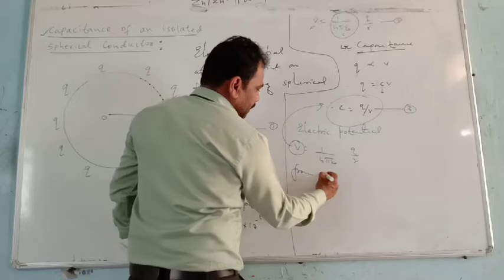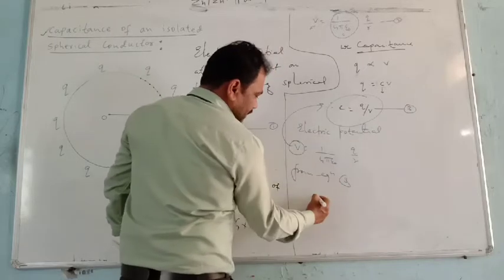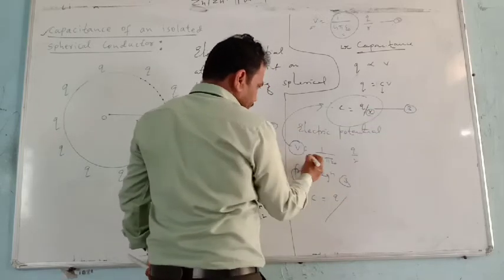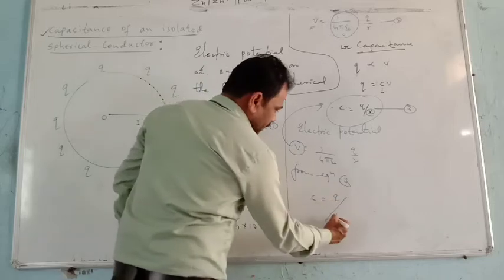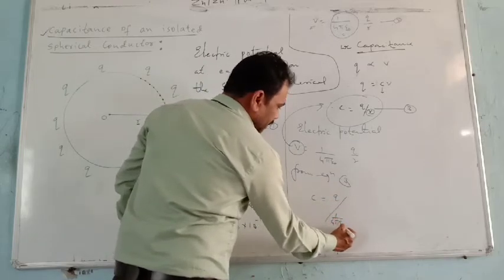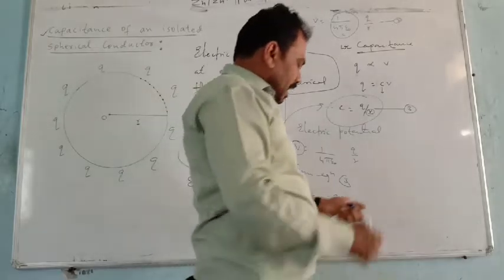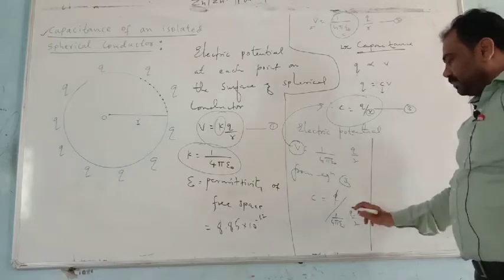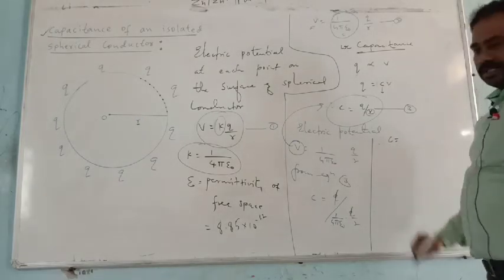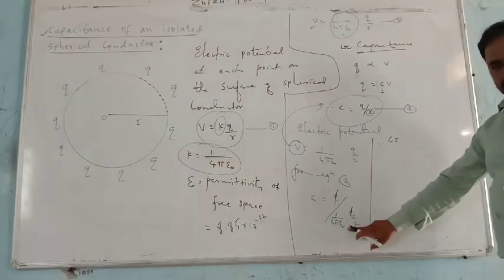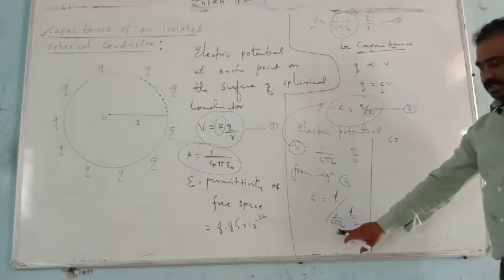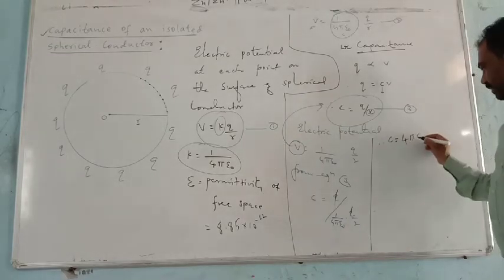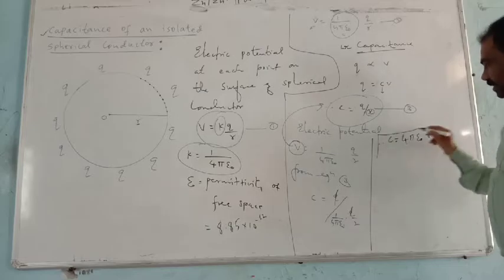From the third equation, capacitance can be written as Q upon, instead of electric potential, this total value, 1 by 4 pi epsilon naught into Q by R. After putting the particular value of electric potential, Q and Q get cancelled, so capacitance is exactly equal to the inverse of this, that is 4 pi epsilon naught into R.